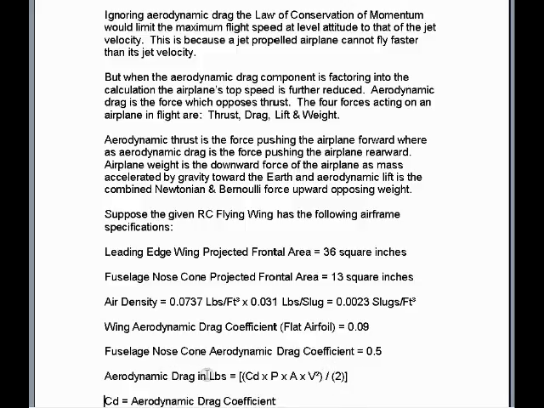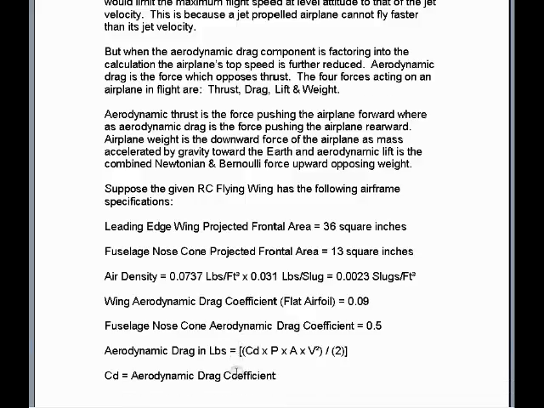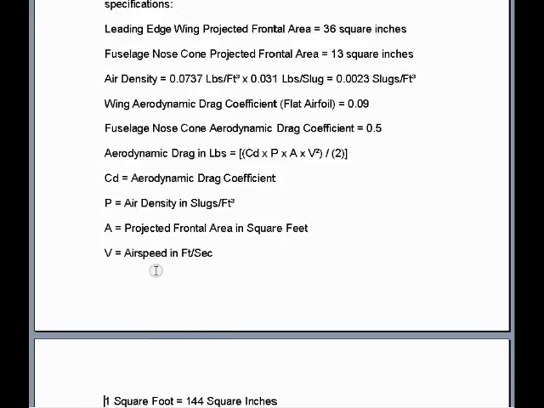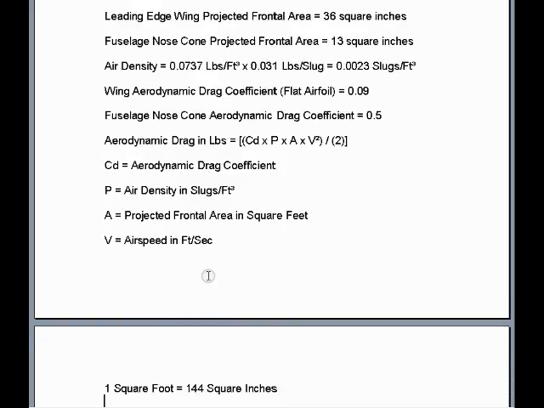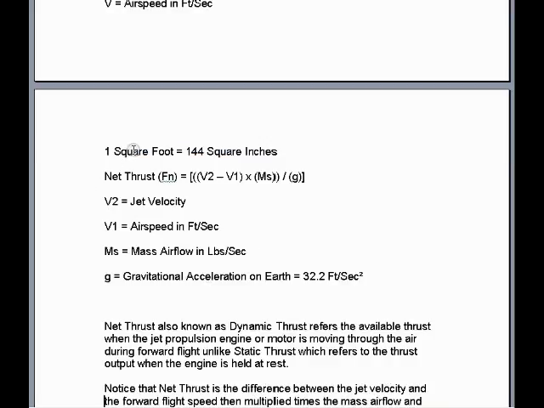That will calculate the drag in pounds opposing the forward motion and thrust of the given airplane. So these have all been defined here. Also, 1 square foot is equal to 144 square inches. This is an easier conversion factor to use in the formulas to save some time.